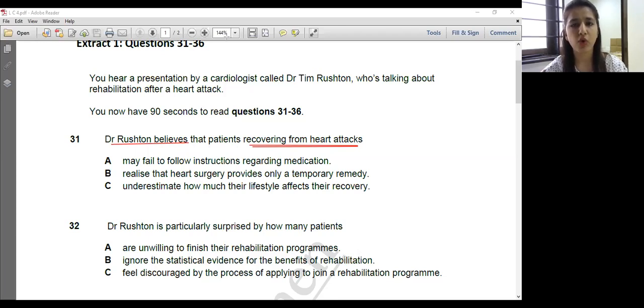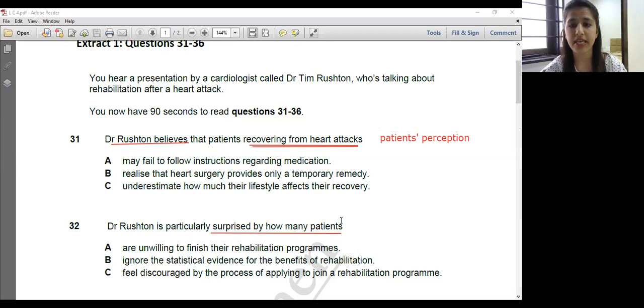So in this part of the conversation, I can predict that he's going to talk mainly about the perception, okay? Patients' perception, particularly those patients who are recovering from a heart attack. Then if you look at the second question, it says Dr. Reston is particularly surprised by how many patients. So how many patients?